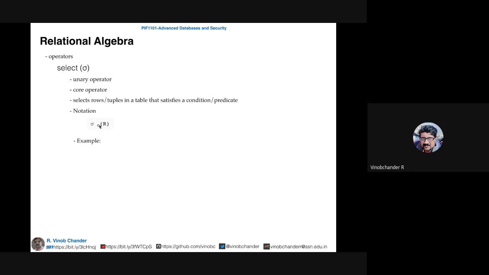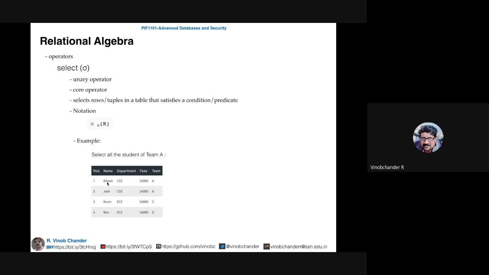Let me give you a simple example of how you can make use of the select operator. Say we have a table as shown below, and a query: select all the students from the table, say the table name is student, who are in team A specifically.